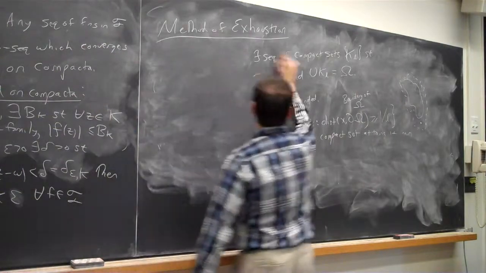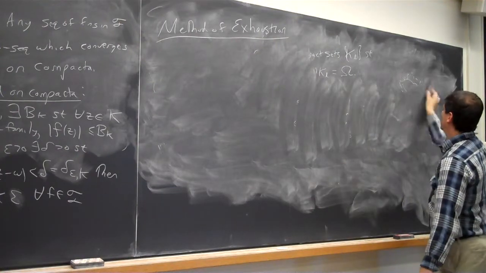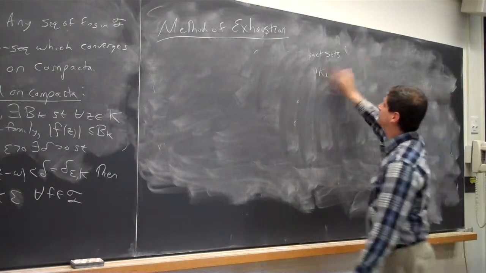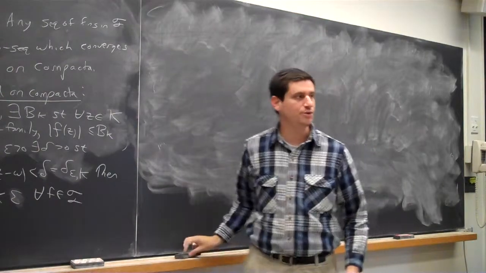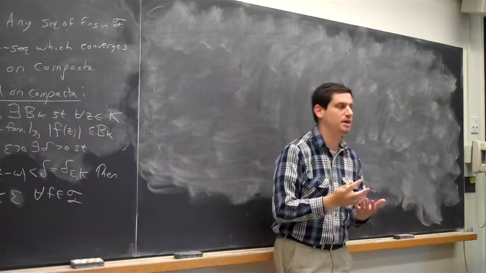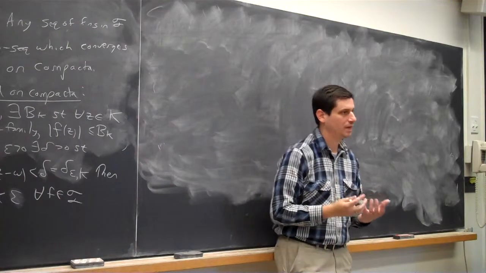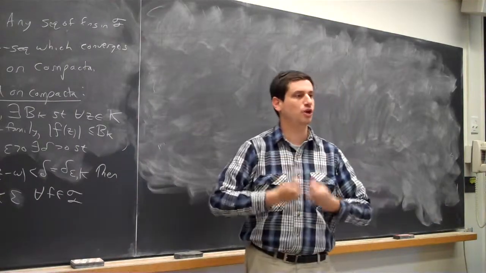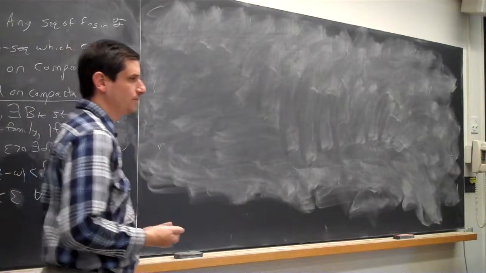And then you can somehow choose your deltas involving a minimum of a finite number of things, and everything will be well defined. So this gives you hopefully some idea of where the proof is going. If you look at all of our definitions here, we're talking about |z - w| less than delta, or delta epsilon k. And we're going to want to tie together a lot of different points, and this is why compact sets are going to be so useful.